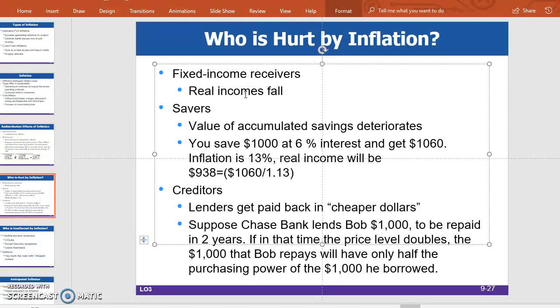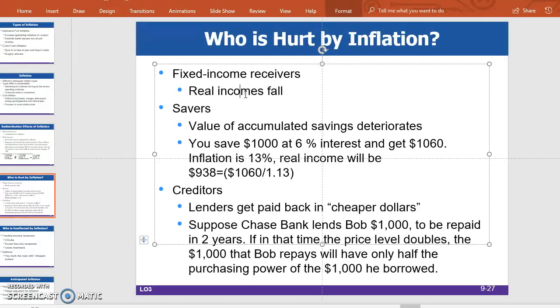When there is inflation, the purchasing power of the dollars that they earn will decrease, and they will suffer a reduction in purchasing power. Because they can buy fewer goods and services with the money that they have, their standard of living will also decrease. So fixed income receivers will suffer a loss of living standard, a loss of real income, because of inflation.